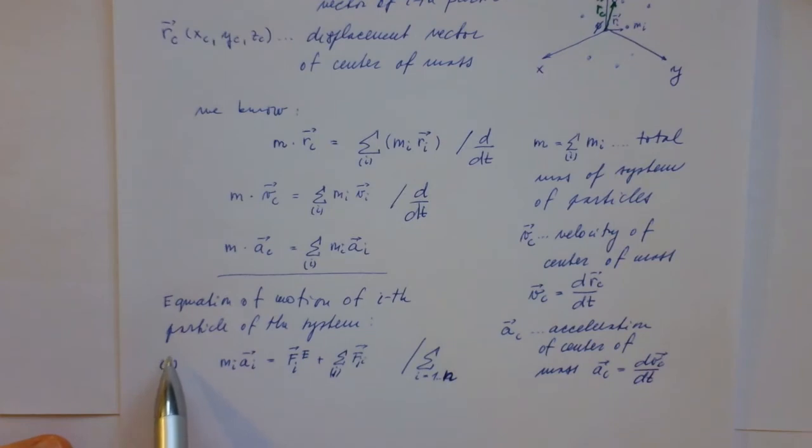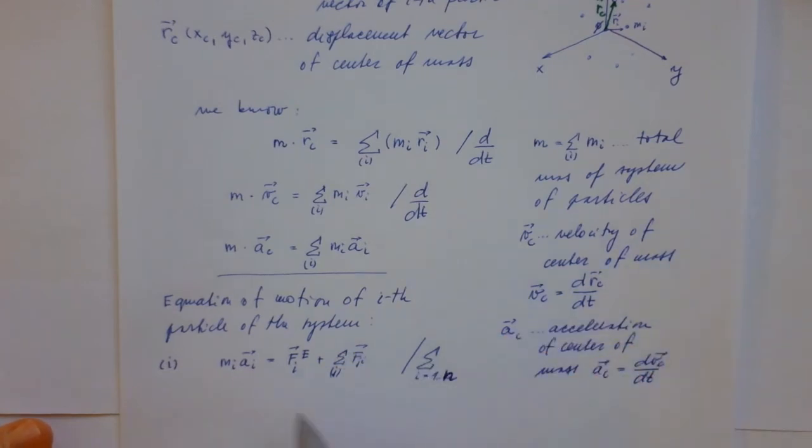For the second particle we have an equation m2 by a2 is equal to f2 external and so on. And for the nth particle we have mn by an is equal to and so on.